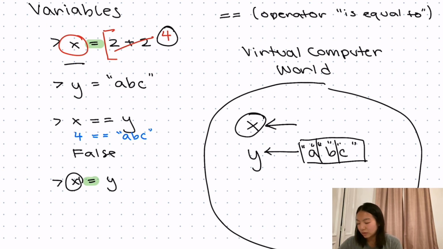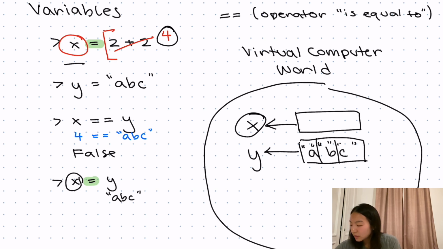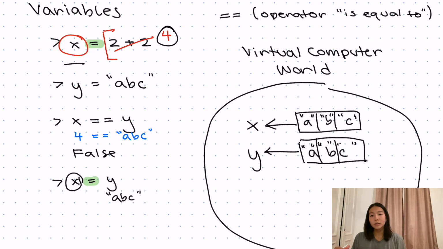We're just going to assign it to whatever's on the right-hand side of the equal sign, which happens to be y. And what is the value of y? It's ABC. So we are actually going to just make a copy of that. And now x is equal to ABC. So now in our virtual computer world, both x and y are the string ABC.